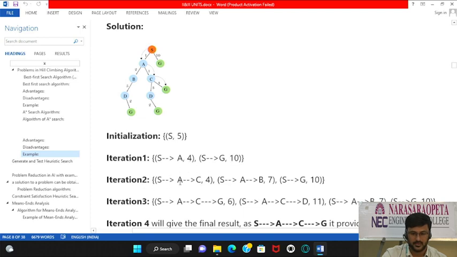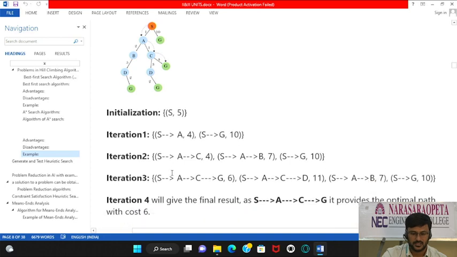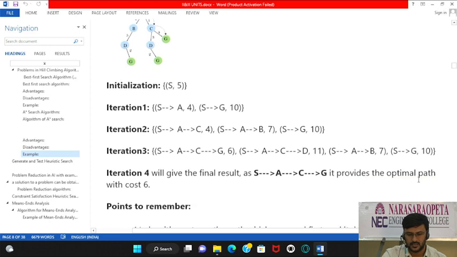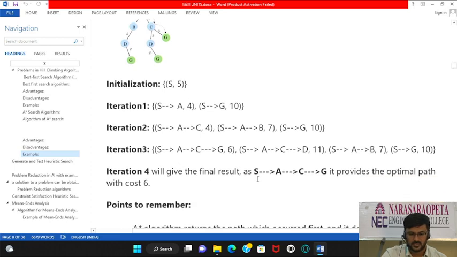S to A, A to C, C to G iteration. S to A, A to C, C to D, or S to A, A to B. S to G iteration will give the result S to A, A to C, C to G, which provides the outcome path with cost six. The best path is S to A, A to C, C to G, the best path.